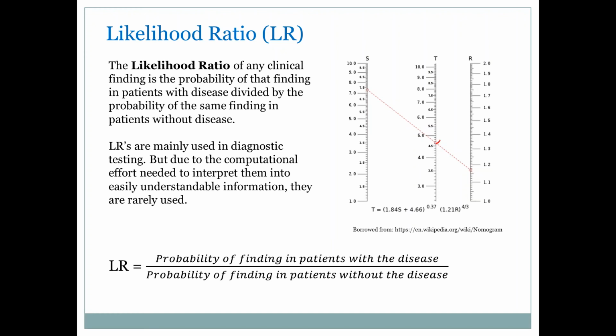So it kind of gives you an idea. A lot of times that's how these work, and they'll do it with likelihood ratios. I couldn't find one for a likelihood ratio, but it's the same kind of technique.